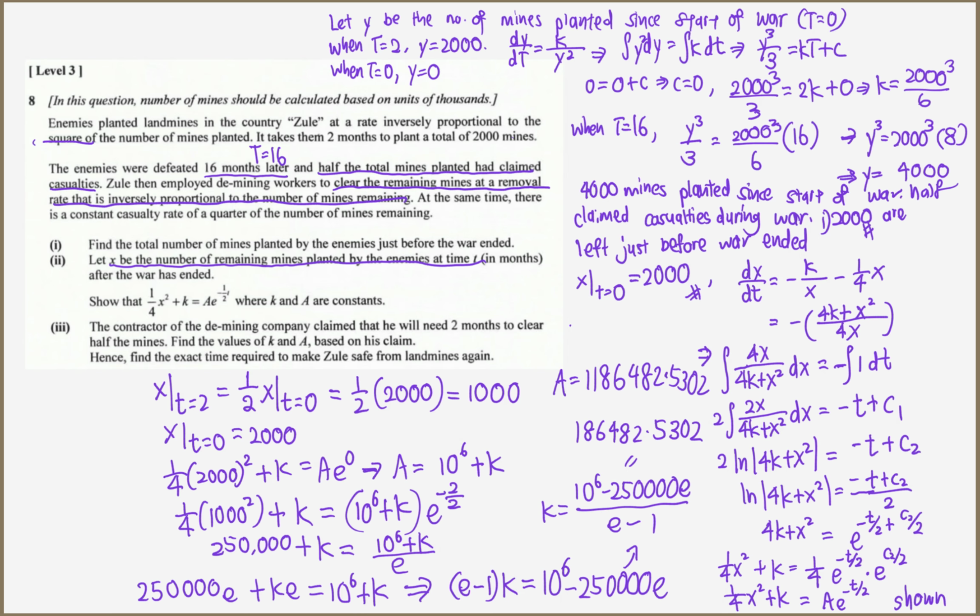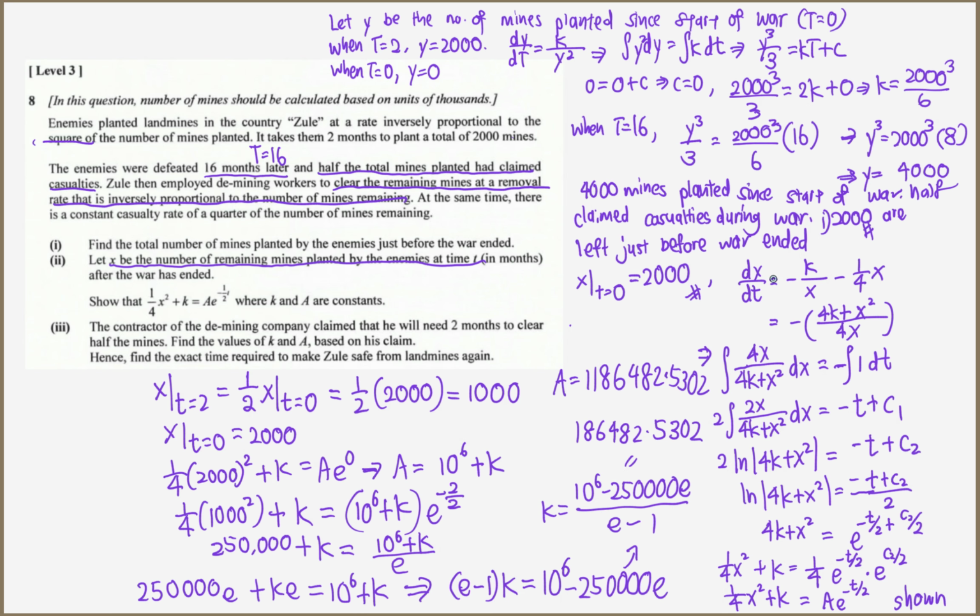have already been cleared. So let's say Zhou then employed demining workers to clear the remaining mines at a removal rate that is inversely proportional to the number of mines remaining. So x is the number of mines remaining, and dx/dt is the rate of change of the number of mines remaining.